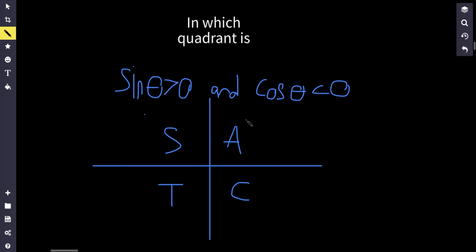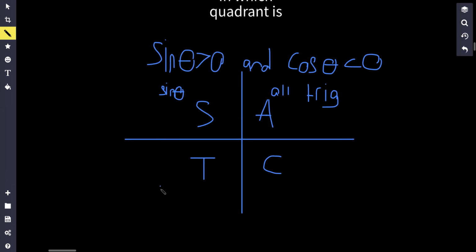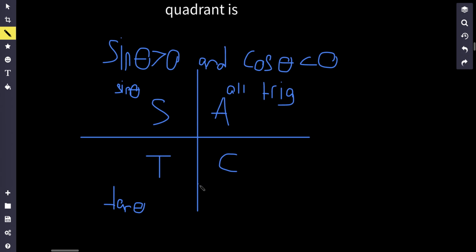So in this case, all trig functions are positive in the first quadrant. S stands for sine, so sine theta is positive here. Tangent theta is positive here, right? Which matches up with T. And then cosine of theta matches here, and cosine of theta is positive here.